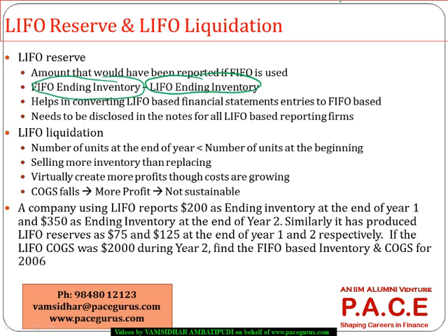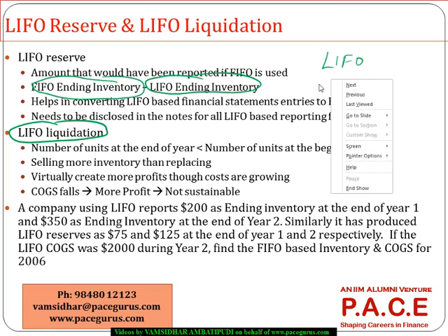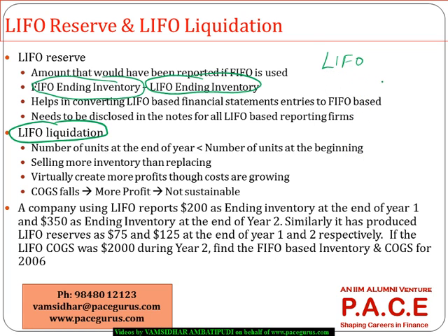And the other important aspect that we are supposed to understand is the concept of LIFO liquidation. It's a very interesting piece. See, let's say a company is following LIFO. Now, the last purchased items are going into cost of goods sold.